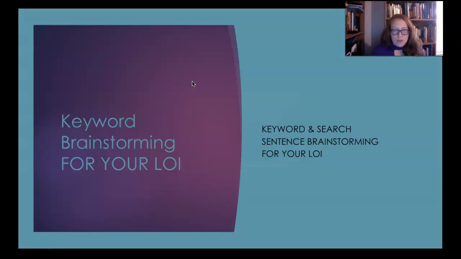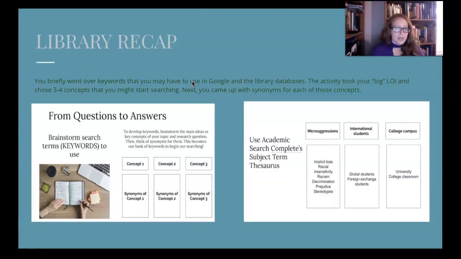So we're going to get into a little bit more here about keyword brainstorming. So here's where you were from the library activity. You went over some keywords you may have to use in Google and the databases, and you took your big question and maybe got a couple of concepts. If you haven't done this yet, you could start here and do it now because we're going to use this in just a minute.